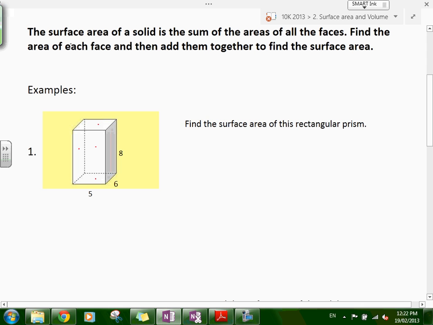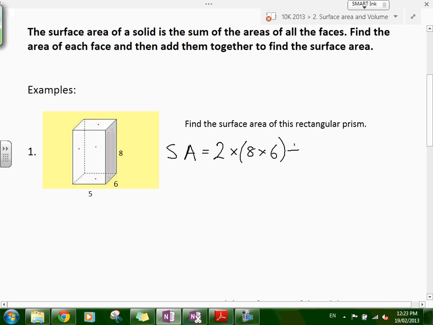The first face, I'm going to do this side first. So 8 times 6. The surface area is equal to, there's 2 of these faces, 8 times 6 area, and then the one in the back. So it's 2 times (8 times 6). I'm putting the brackets to make clear that the face is the 8 times 6.